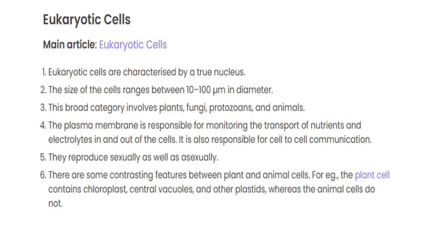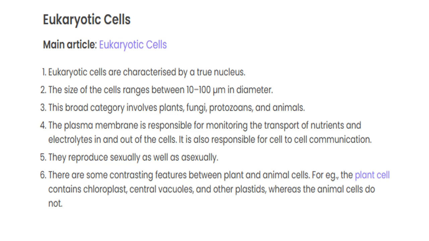have a nucleus. The cell size ranges between 10 to 100 micrometer in diameter. This eukaryotic cell category includes plants, fungi, protozoans, and even animals. The plasma membrane is responsible for monitoring the transport of nutrients and electrolytes in and out of the cells.